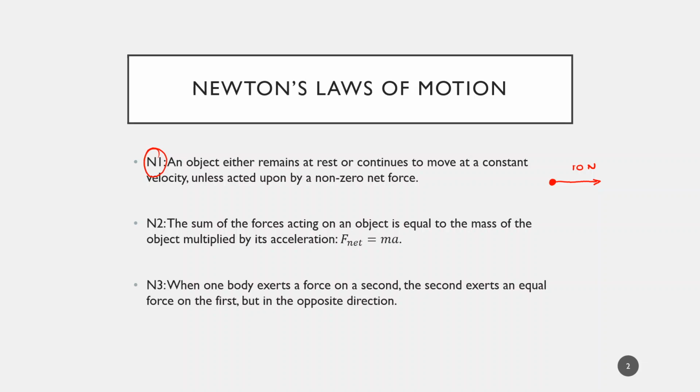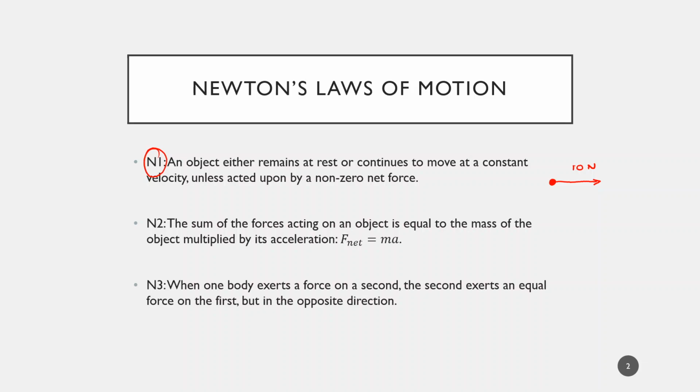The net force on this object would be 10 newtons to the right. So the object is going to want to move to the right. If the object was stationary to begin with, it'd change its motion and start moving towards the right.